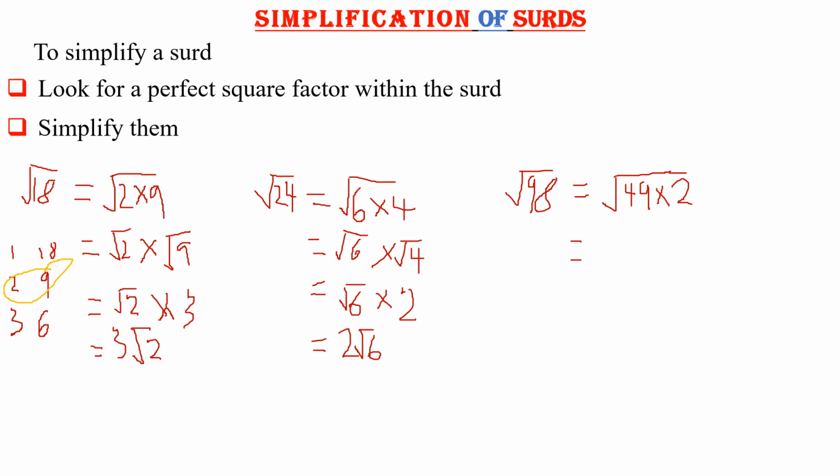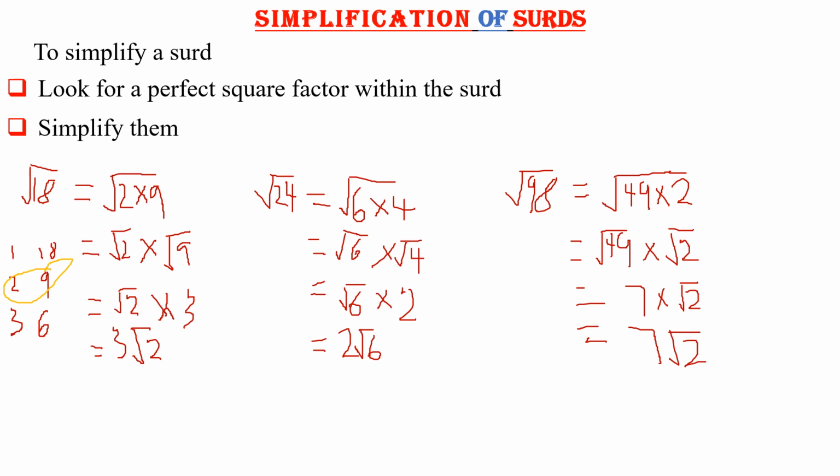So it will be equal to, now here we apply the splitting, so it becomes the square root of 49 times the square root of 2. This will be equal to the square root of 49 is 7 times the square root of 2, which is going to be equal to 7 square root of 2.